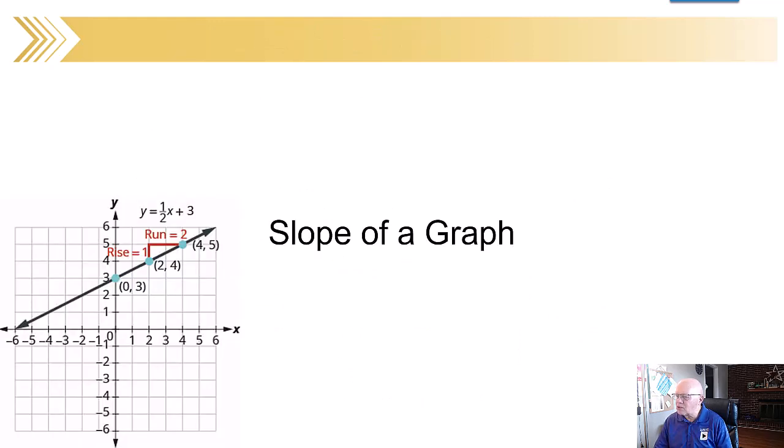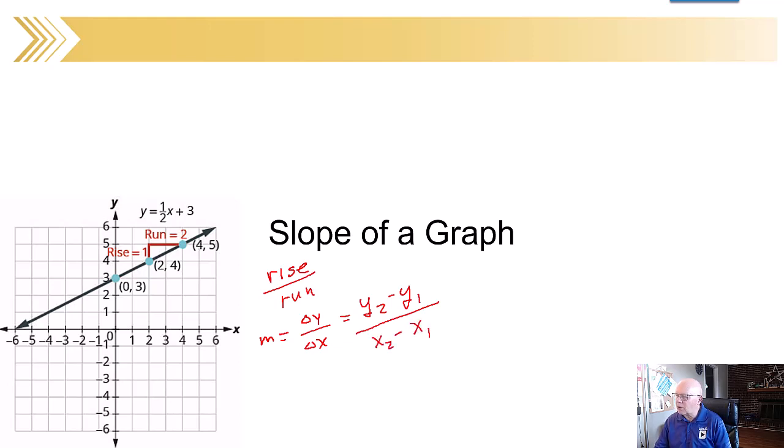So you remember slope, rise over the run, or slope equals the change in y over the change in x. You can also calculate it like this, subtracting the y coordinates on top, subtract the x coordinates on the bottom.